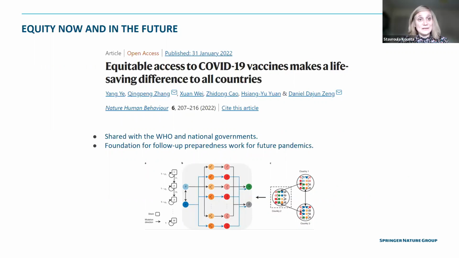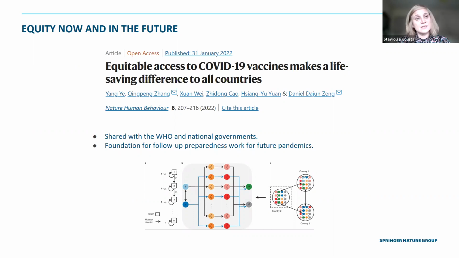And finally, even though vaccines were rolled out, they were not rolled out equitably across the world. High-income countries had plentiful vaccines, low- and middle-income countries had severe scarcities in vaccines.